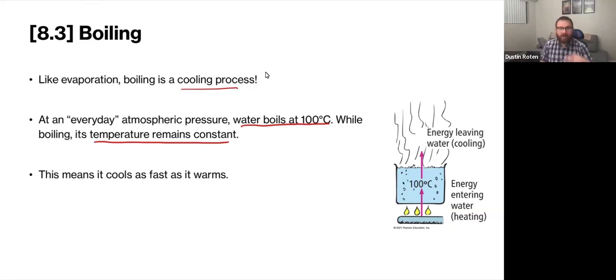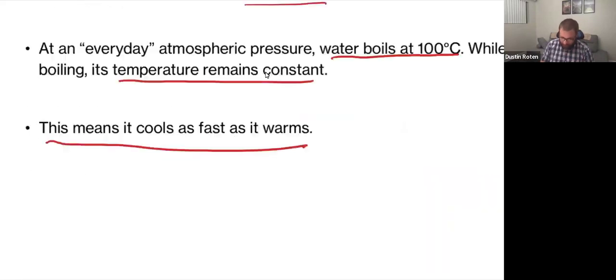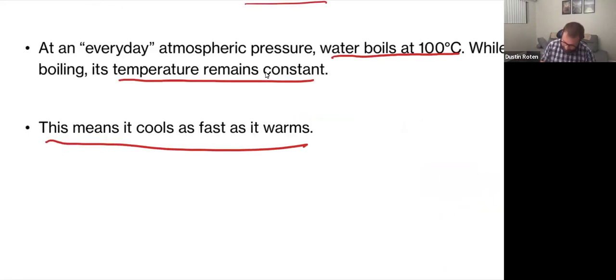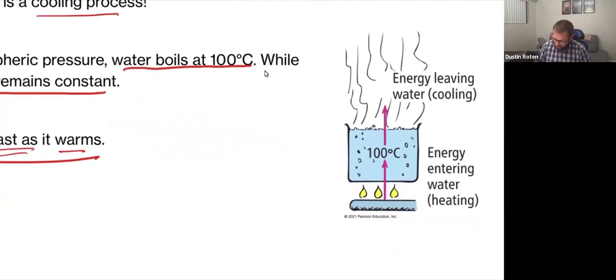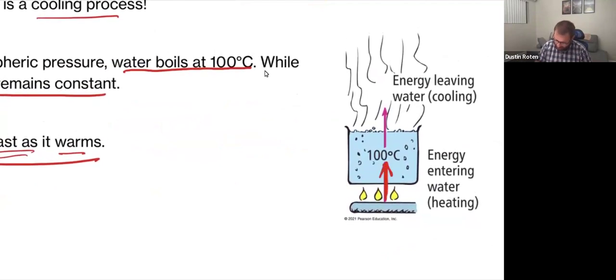That's because it cools as fast as it warms. So this is important here. It cools as fast as it warms. So the amount of energy going in, because we're adding energy, we're adding joules here. We're putting energy into the water.